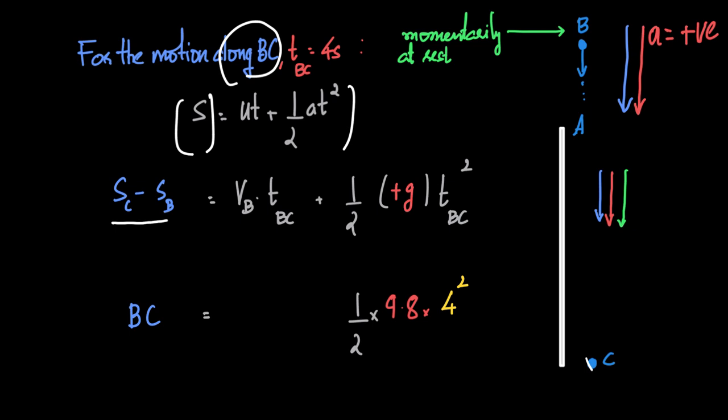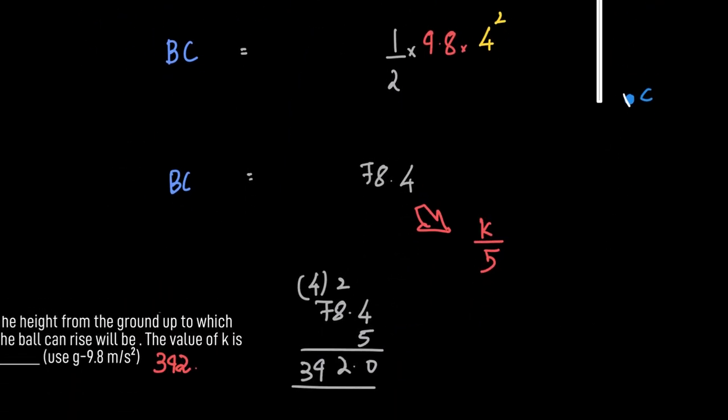Now, what is VB? VB here is equal to 0. Why is it equal to 0? Because it is momentarily at rest. Therefore, BC is equal to half into 9.8 into 4 squared. 4 squared is 16, 16 over 2 is 8, 9.8 times 8 is 78.4.